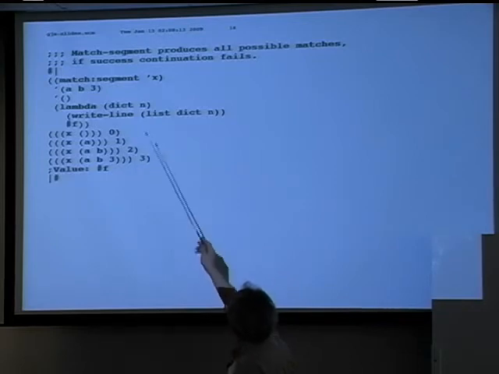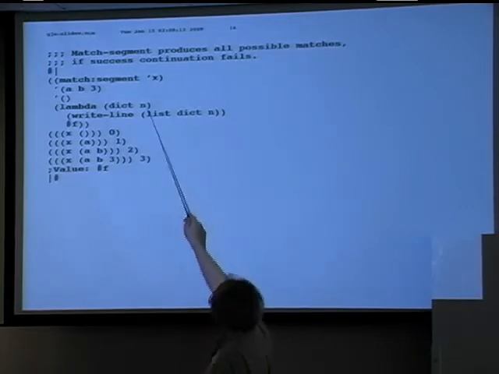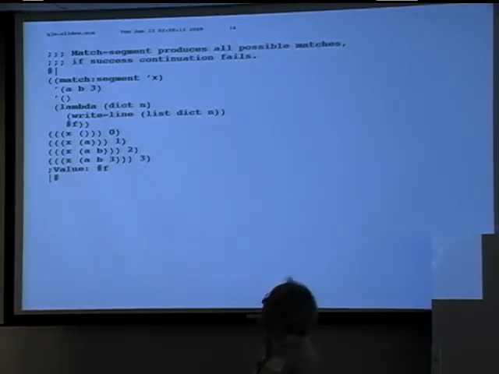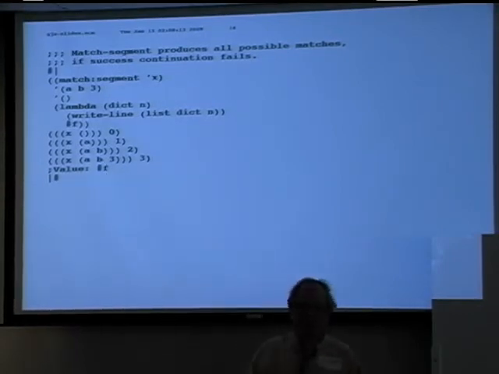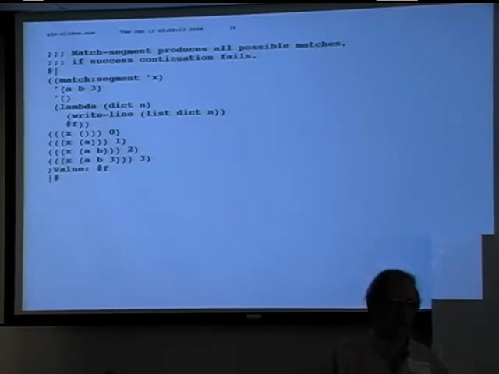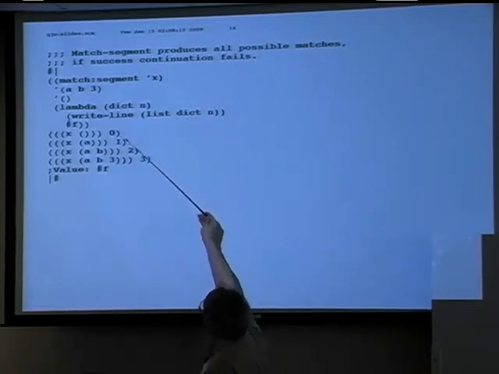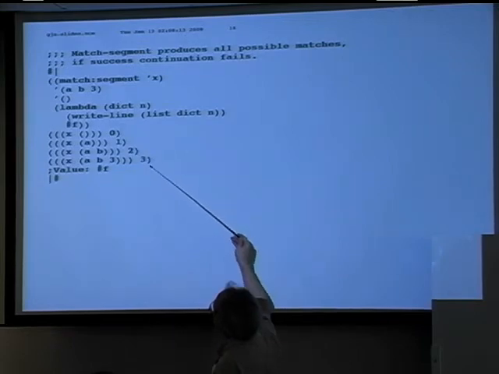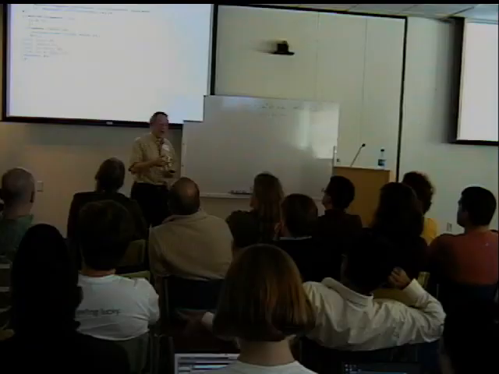Supposing I have a succeed continuation which gets a dictionary and the number of things that have been eaten, and it writes those out, and then it fails. So I get all the possible matches, because this is an always-failing continuation. When that happens, I get 0 things eaten, 1 thing eaten, 2 things eaten, 3 things, nope, nothing worked. And so you see the backtracking occur.